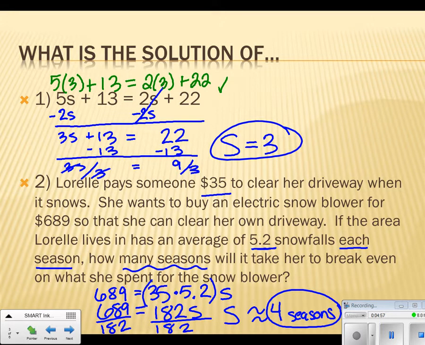Spending that $689, if she's going to live in Minnesota for a year and then move to California, then no, she should just pay someone that $35 with the average of 5.2 snowfalls each season. Now, if she's going to stay in Minnesota long term, it might be a good idea of putting some money into that, because after 4 seasons, then there's more money in her pocket. She wouldn't be spending the $35 every time she has someone clear her driveway.